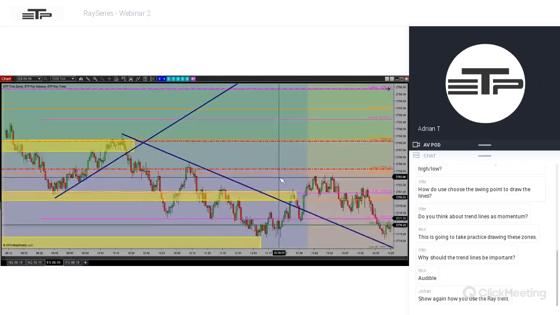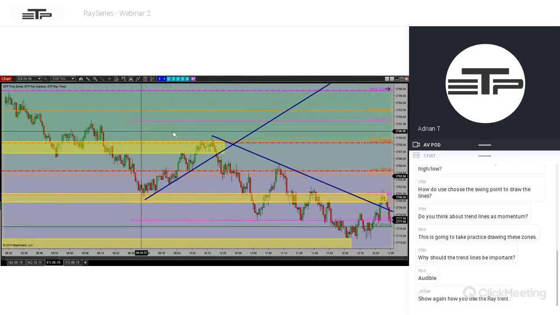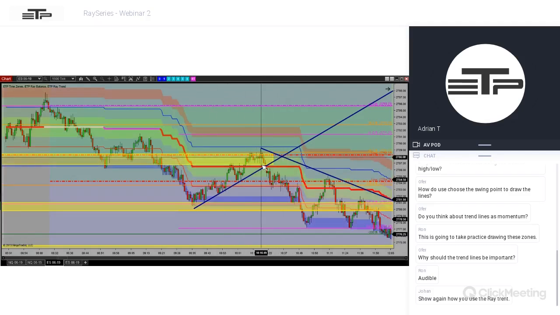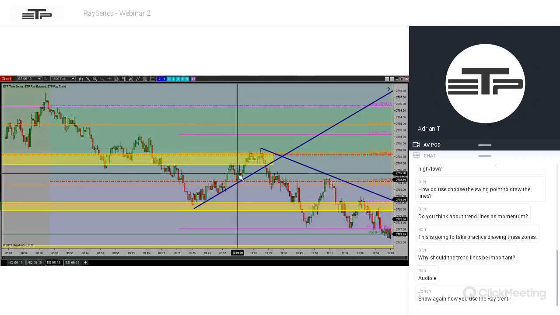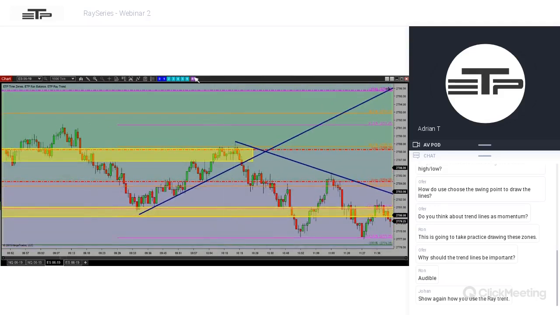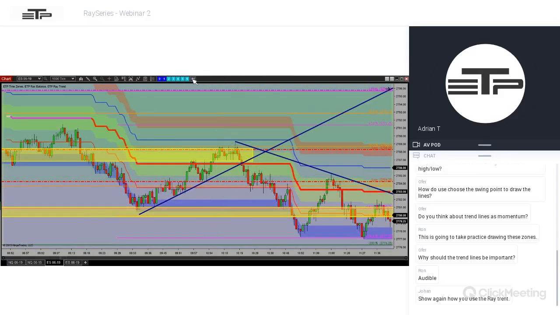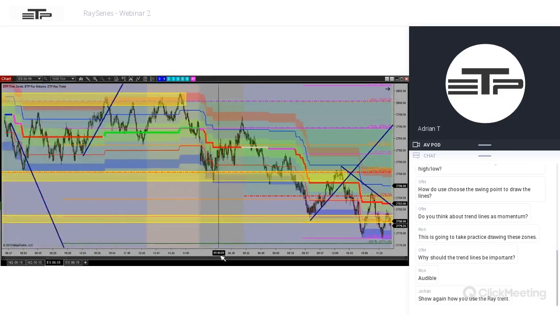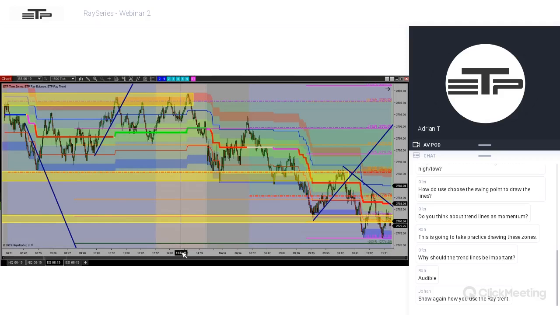Okay, so the rate trend. I'll show you an existing example. I think it was this one right here. Yep, that's the one. Actually, it was the one previous, but we're still in the zone. So with the rate trend, we use the trend direction. As you can see, price has been moving down for a while.